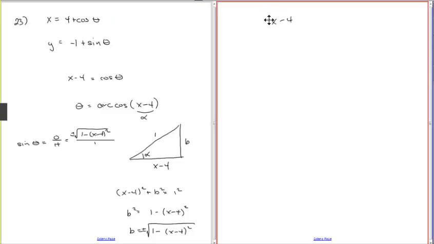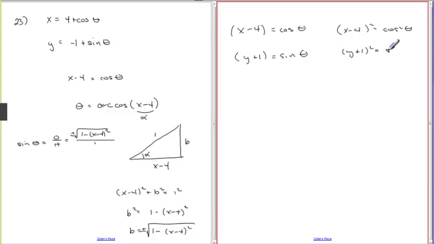So we subtract 4 from both sides. So you get x minus 4 equals cosine of theta. You get y plus 1 equals the sine of theta. If you square both of those, which is valid, if you square something, things are equal, the squares will be equal. So you get x minus 4 squared is equal to the cosine squared of theta, and you get y plus 1 squared equals the sine squared of theta.